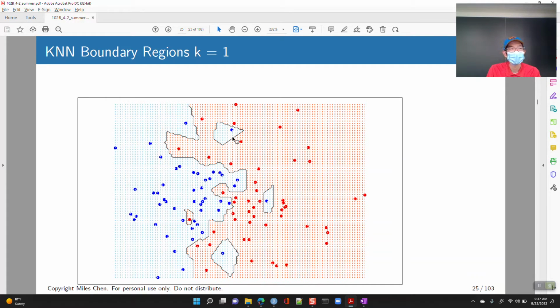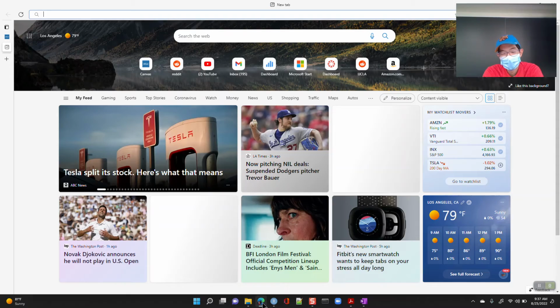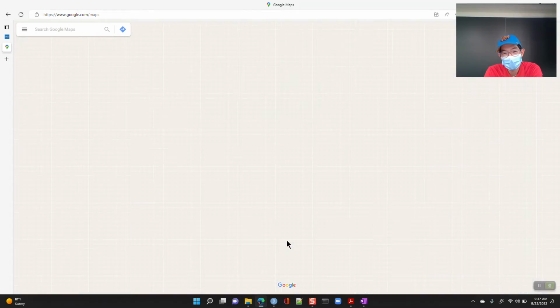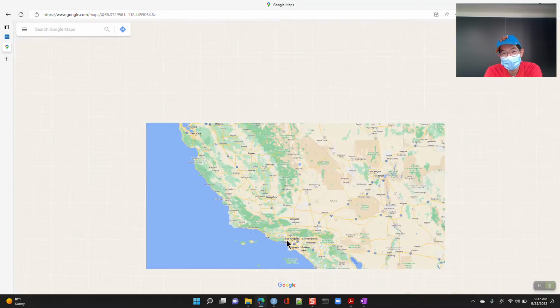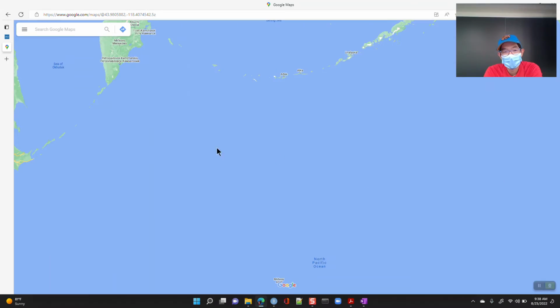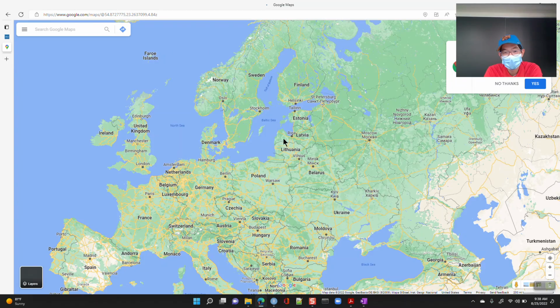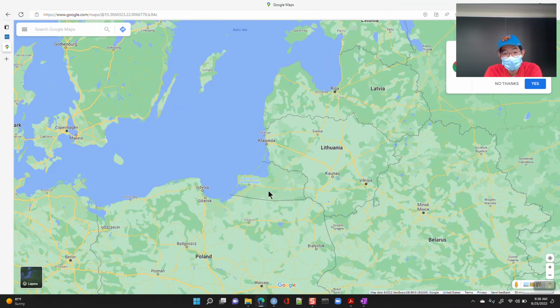I always forget which one's an exclave and which one's an enclave. I have to look this up every single time. In Europe, there's that piece of Russia that's detached from the rest of Russia. Do you guys know what I'm talking about? This part right here, Kaliningrad.